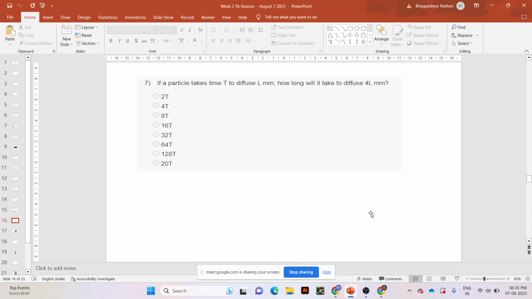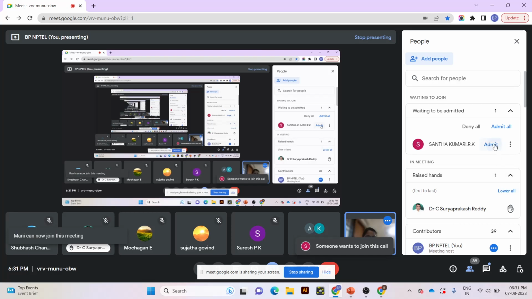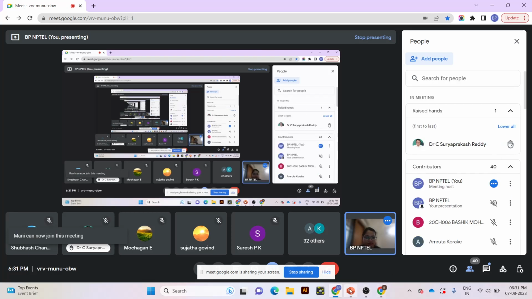If a particle takes time t to diffuse L millimeter, how long will it take to diffuse 4L millimeter? 16t, ma'am. Okay. Anyone else would like to answer?